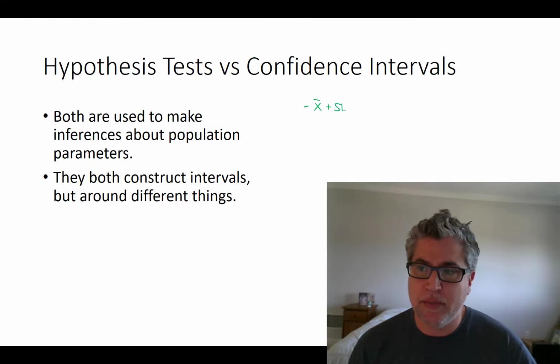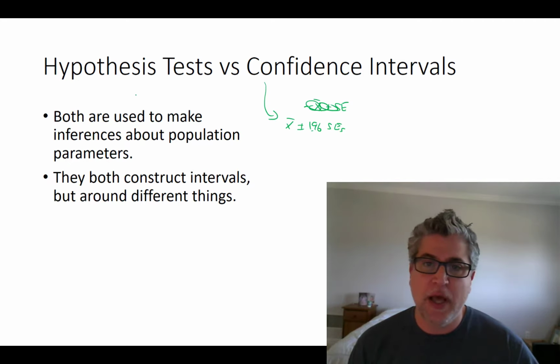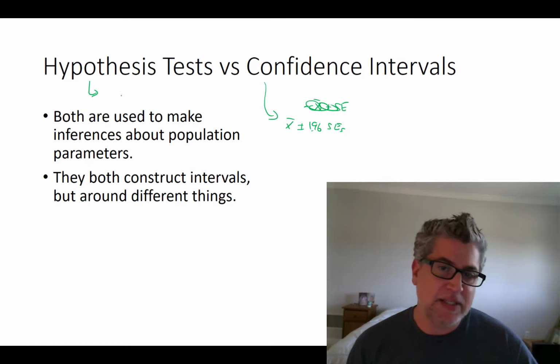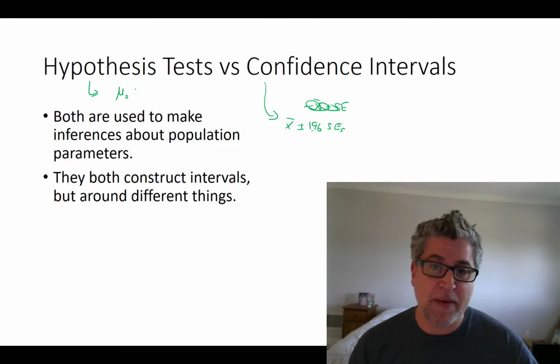A confidence interval is an interval around the mean. So you have your mean, and then you add and subtract, let's say, 1.96 standard errors. That's your confidence interval. A hypothesis test basically takes a claimed mean for the population and adds and subtracts a certain number of standard errors. All right?